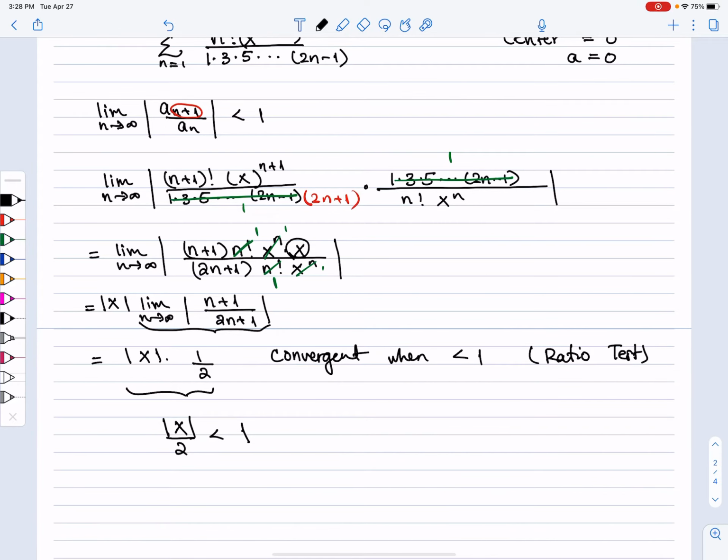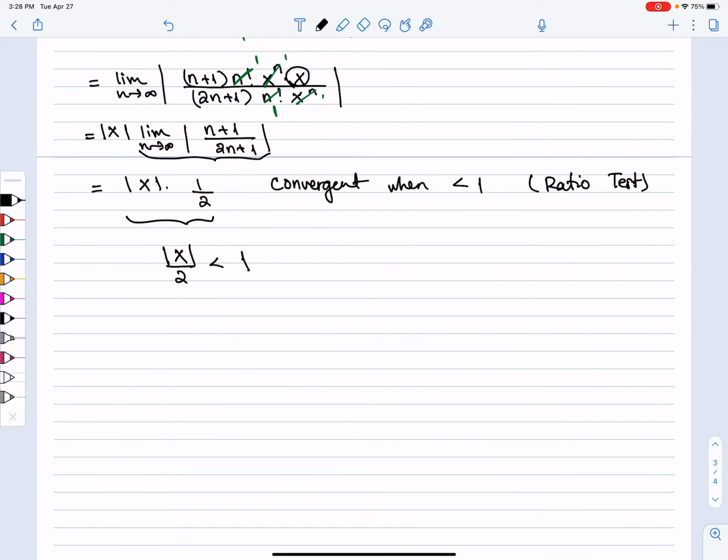All right, so now since we have the absolute value of x over 2 less than 1, we can solve for that absolute value inequality and say that the absolute value of x is less than 2. Remember, in general, we would have it in the form of the absolute value of x minus a less than r. When you have it in that form, you can clearly identify what a is, which is 0, and we talked about that earlier, and r is equal to 2. So the radius of convergence is 2.